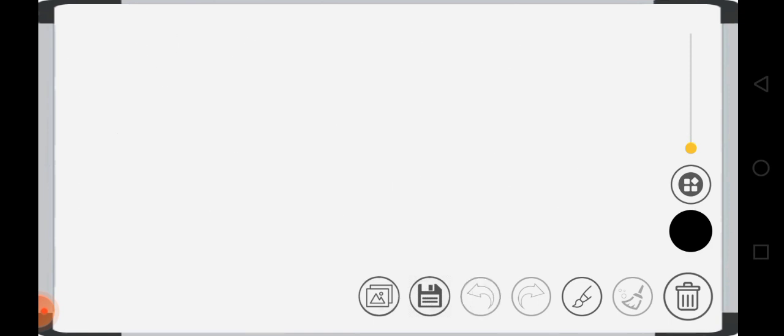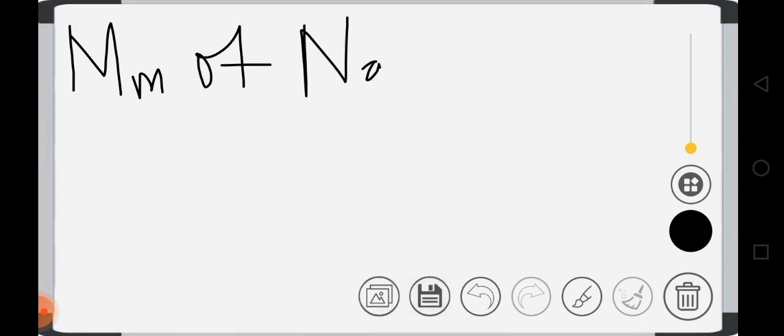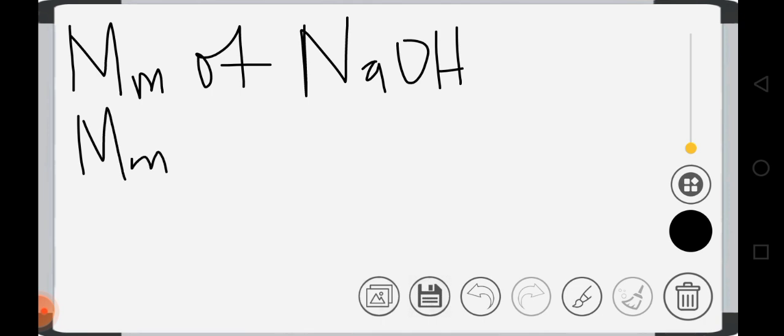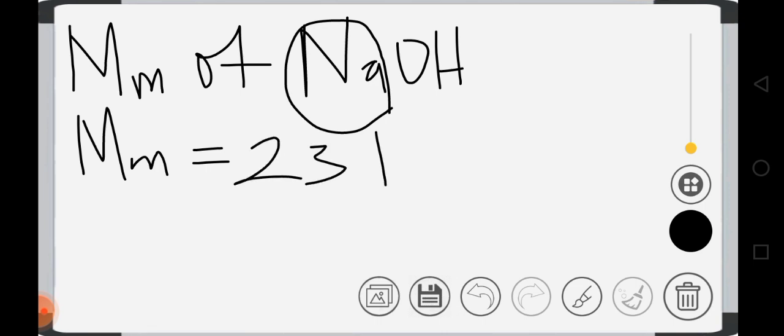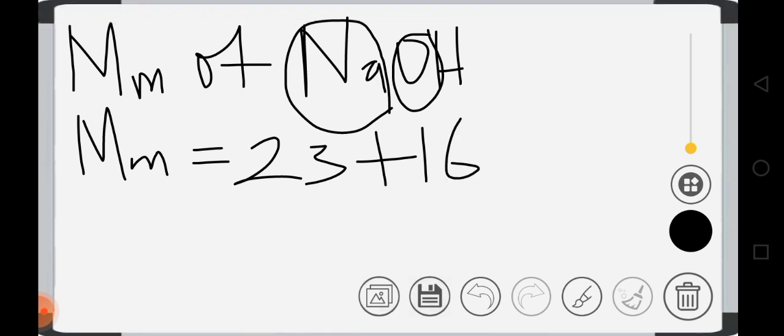So let's get the molar mass of sodium hydroxide. The molar mass will be equal to, what is the molar mass of sodium? It's 23, plus the oxygen, which is 16. That is the atomic mass. Just add up all the atomic masses; anyone that has a 2, you multiply by 2.